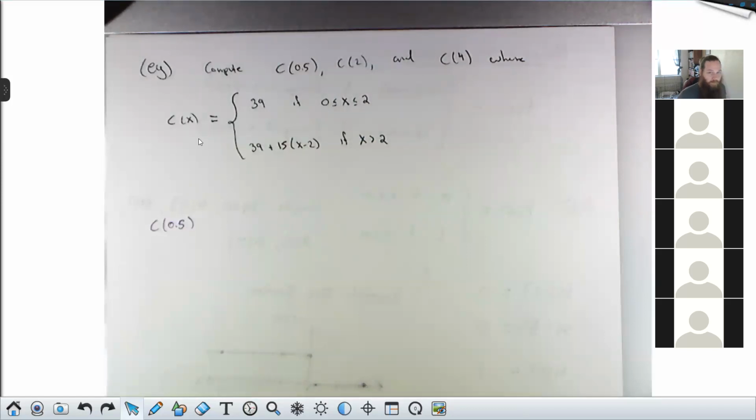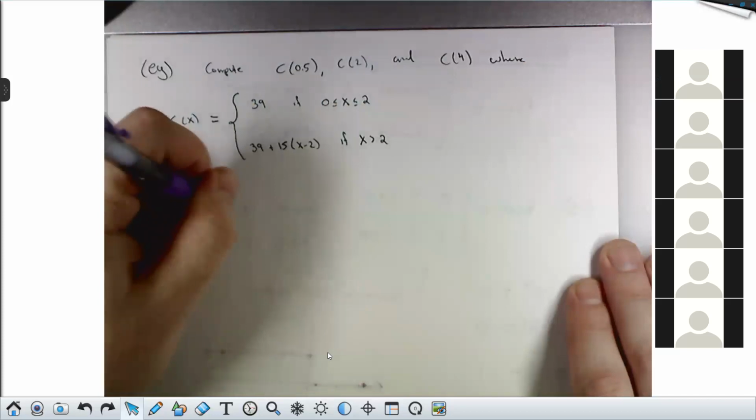It's 39. Very good, it's 39 because 0.5 is between 0 and 2. I would use this first formula, and this first formula is just a constant function. That's 39.